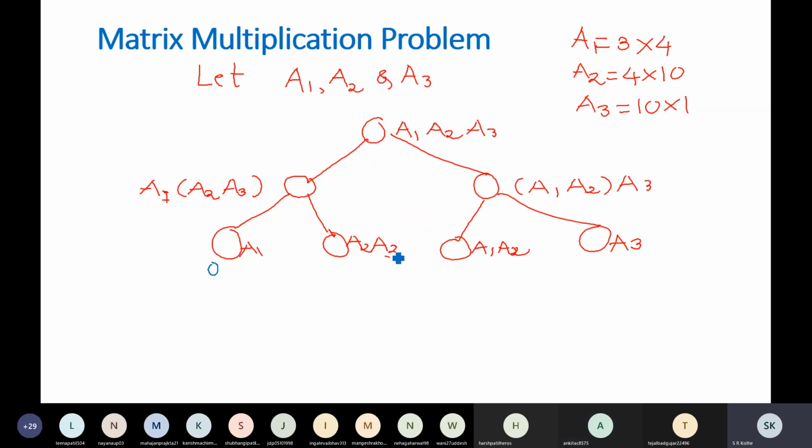To get A2, A3, these 2 you have to multiply. So how many multiplications are required? 40. How is it calculated? 4 into 10 into 1. So I will assign heuristic value 40 to A2, A3.